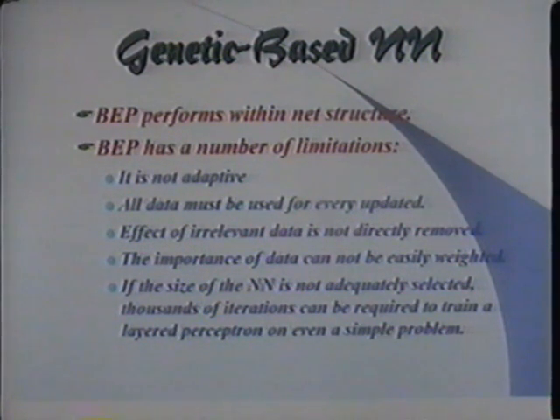Now, the problem with that is that if you have irrelevant data in your data set, you cannot really remove it directly with back error propagation. You have to go to the data itself and remove it yourself before you give it to the neural network. So the network cannot really forgive and forget those kinds of data. Also, the importance of data cannot be easily weighted.